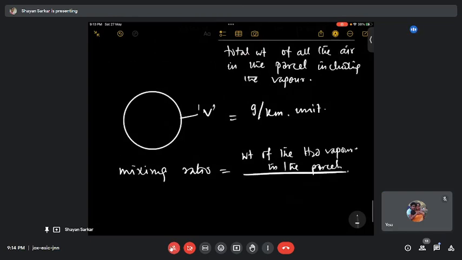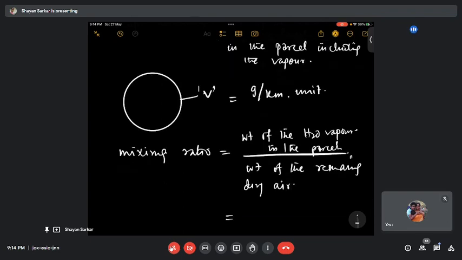So mixing ratio compares the weight of the water vapor in a parcel with the weight of the remaining dry air. Mixing ratio also has a unit similar to specific humidity, that is gram per kg unit.